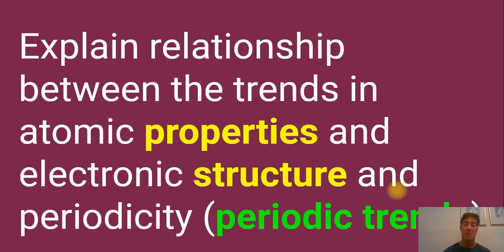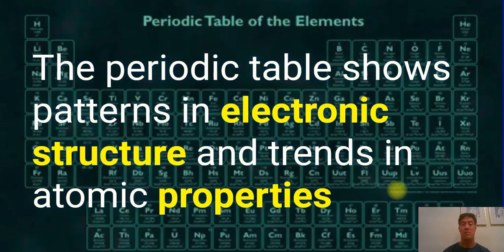So periodicity, periodic trends, repeating trends in atomic, physical, and chemical properties is explained by repeating electronic structure. So the periodic table shows patterns in both electronic structure and in properties, because it's that electronic structure that creates those properties.